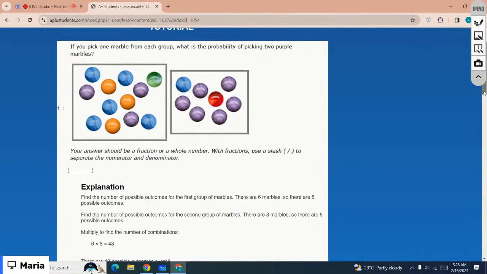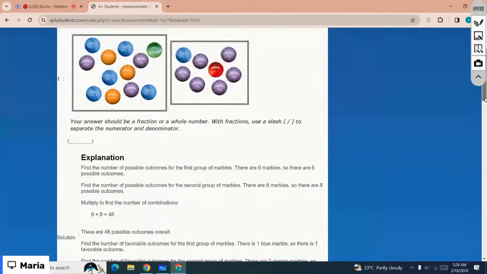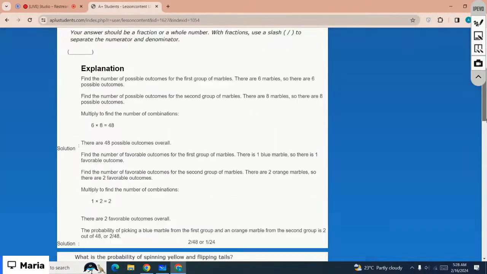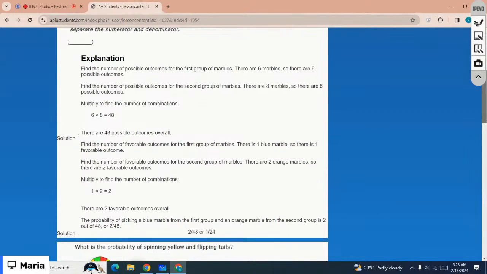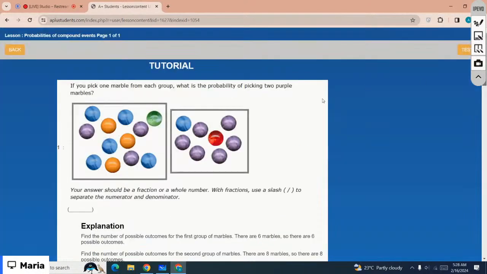Okay, in the first group, how many outcomes? They are more than 1, 2, 3, 4, 5, 6, 7, 8. This is a bit confusing, right? Okay, let's just start with the test questions.